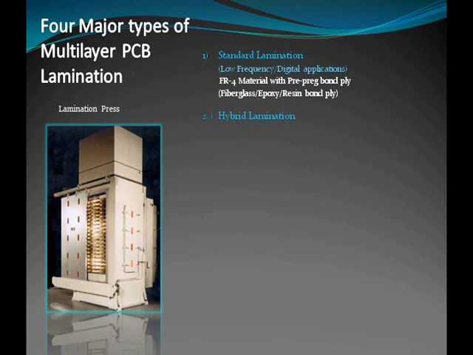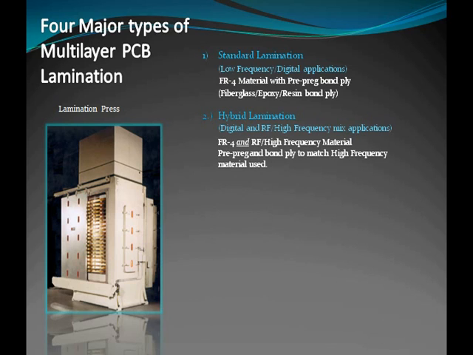The second type of lamination is hybrid lamination. Hybrid lamination is used in designs that have a combination of low and high frequency layers. Some layers may be standard FR4 material, and other layers are typically a high-frequency RF laminate.